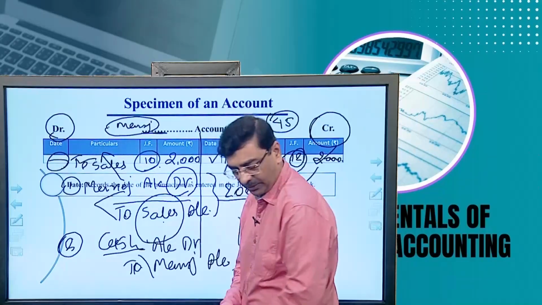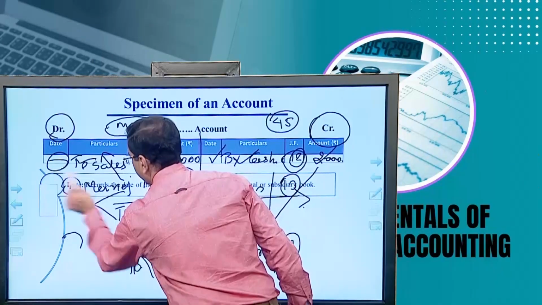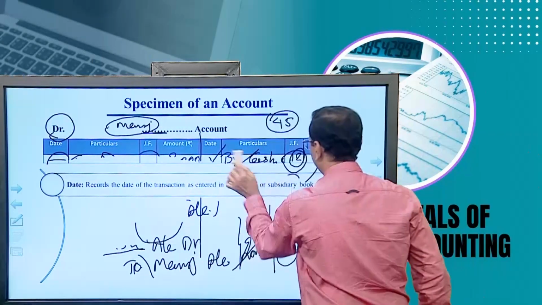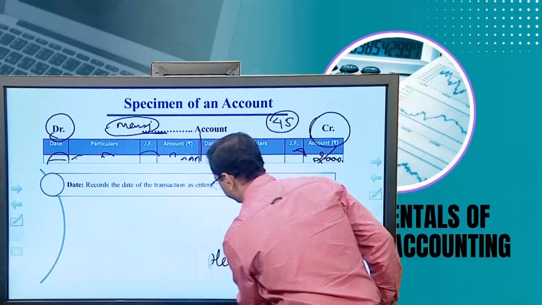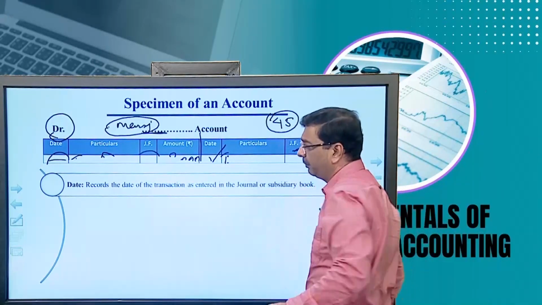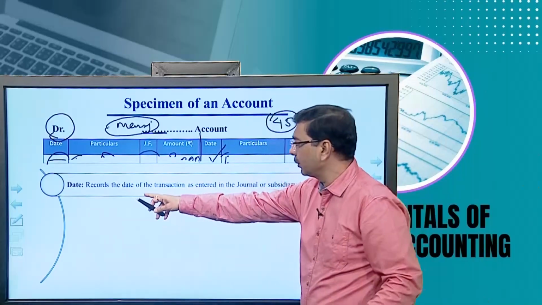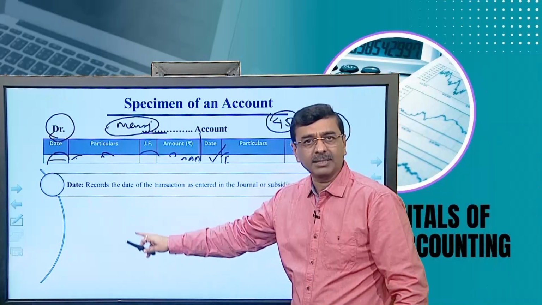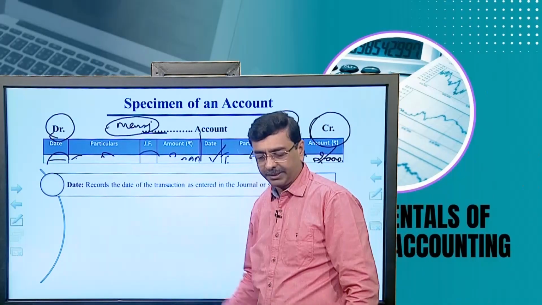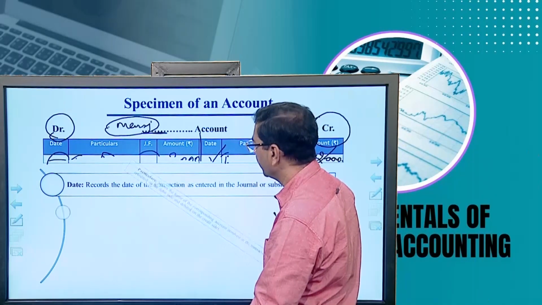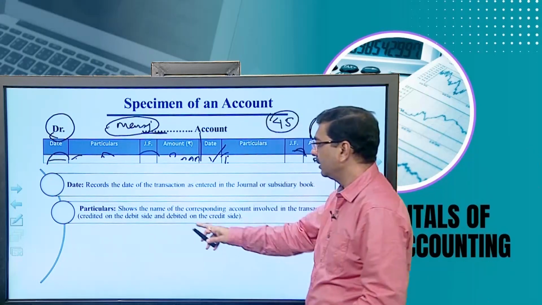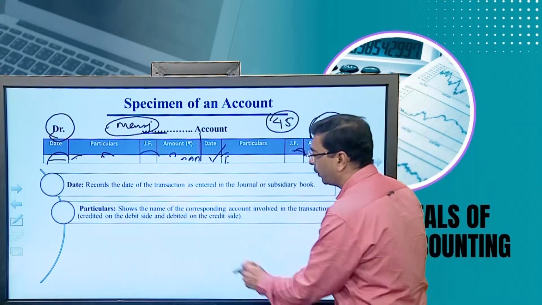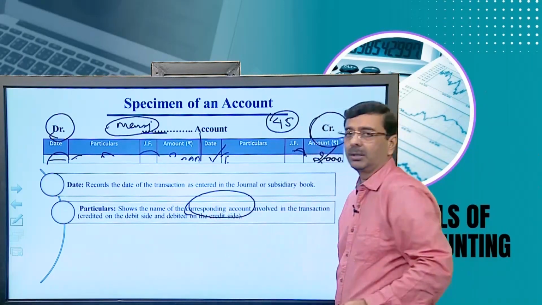Now here I want to explain something more. How will it be written? First, the date: record the date of the transaction as entered. The date on which the transaction took place is the same date written here. Then particulars: we have to write the source, the name of the corresponding account. As I mentioned, the opposite account has to be written.